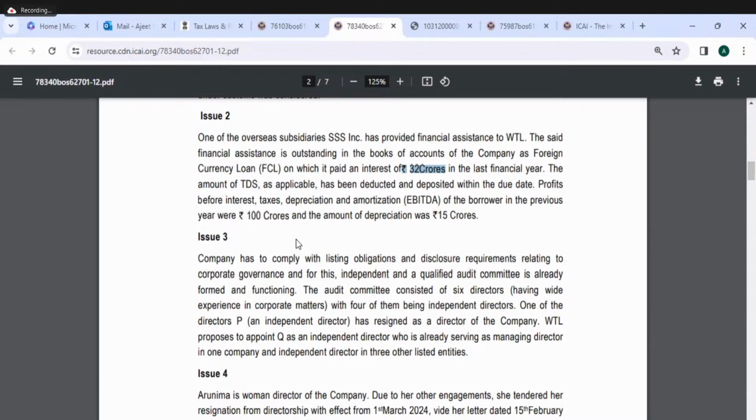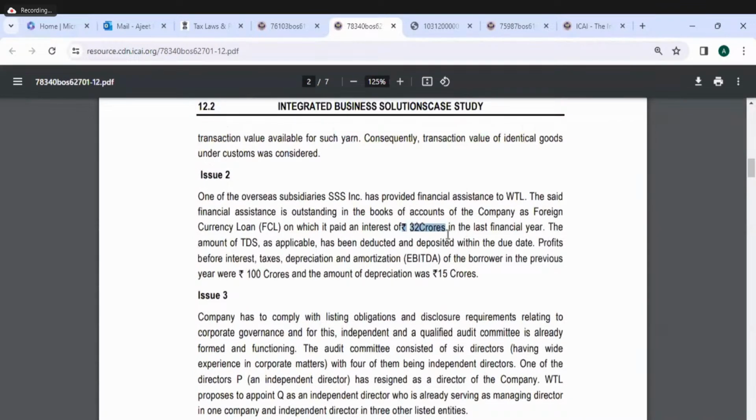Is there any clause in form 3CD? Which clause is there? What to report, what not to report there? Yes, Shankara, you are right. 2 crores is the excess interest which is not allowed in the hands of WTL.